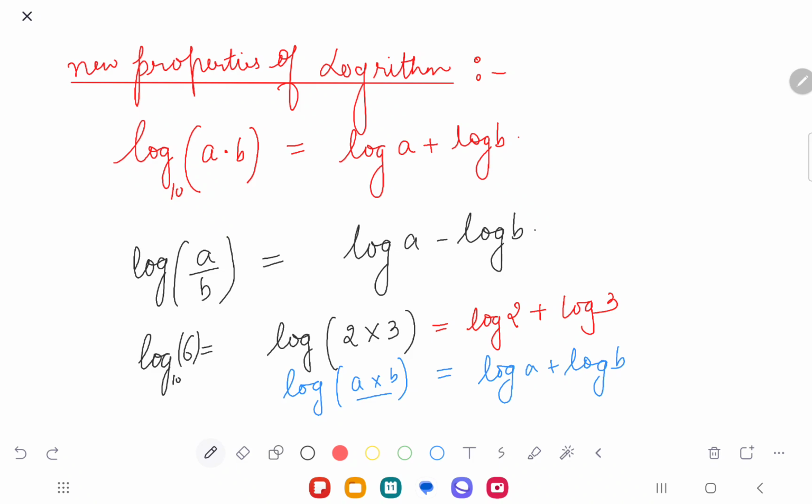So when I have this particular expression, just understand that anytime you have two numbers in multiplication and you have to find their log, log 2 times 3 shall be log 2 plus log 3. You understand my point?